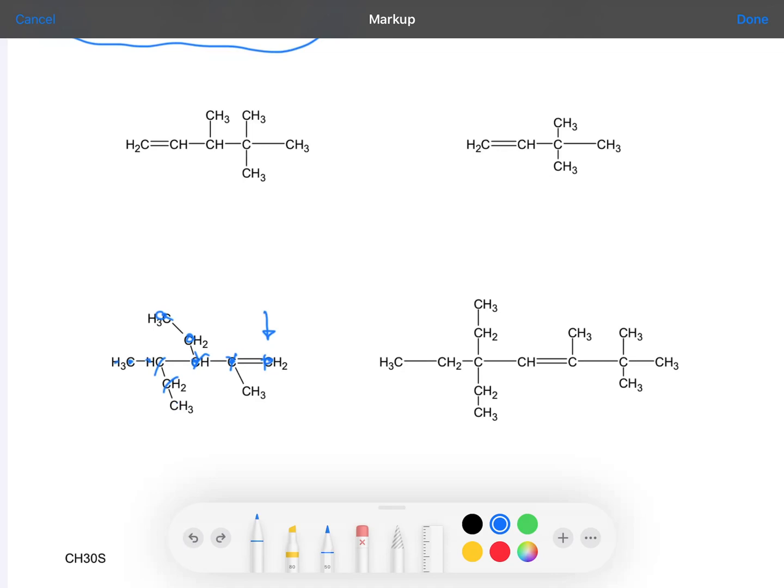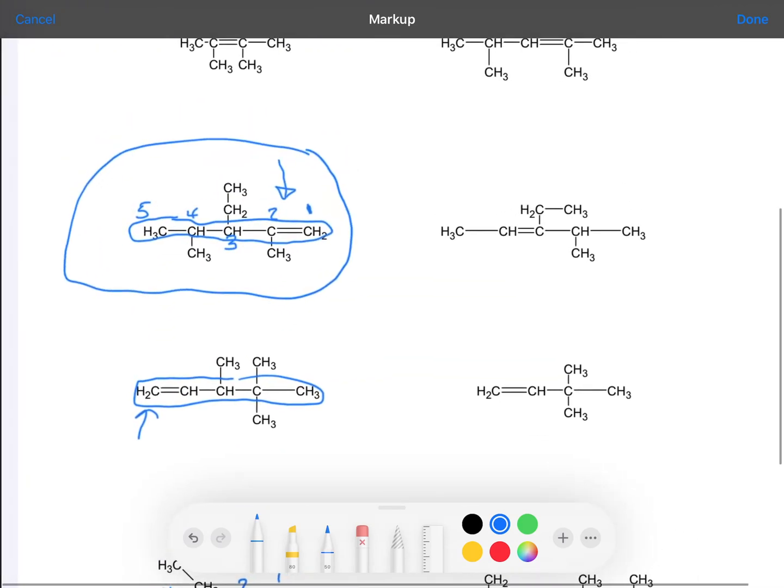So my longest chain does curve around a little bit there. And there we go. And we have to start counting here. 1, 2, 3, 4, 5, 6. This longest chain, you would start counting from this end as the number 1 carbon.